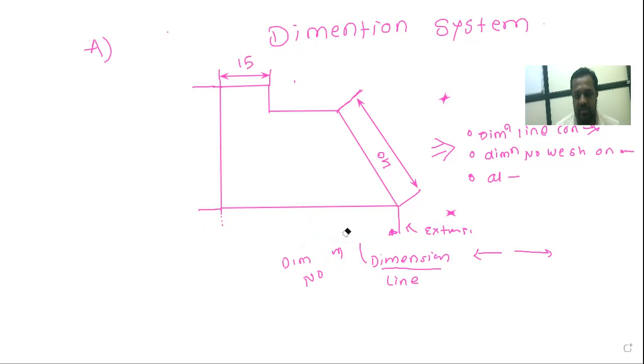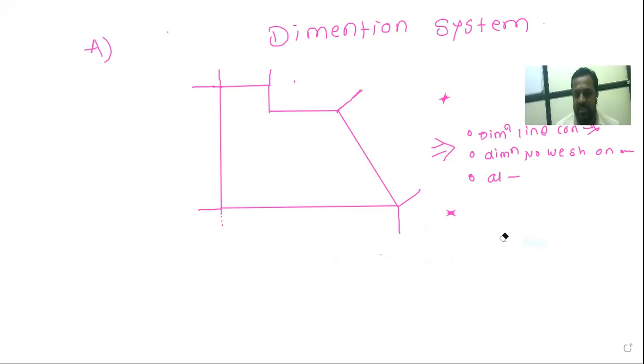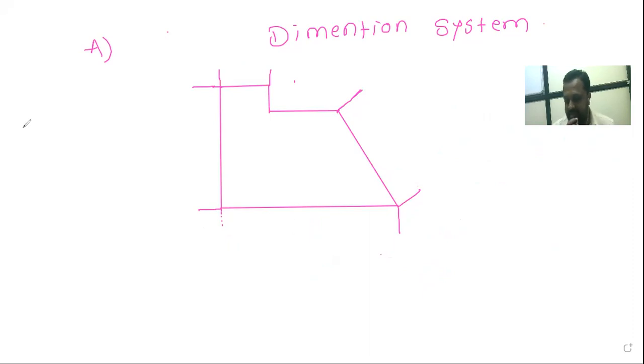This is the same diagram, and for this diagram we have to give dimensions, sorry, in the unidirectional system. So how will we give the dimensions to this drawing with the help of the unidirectional system?